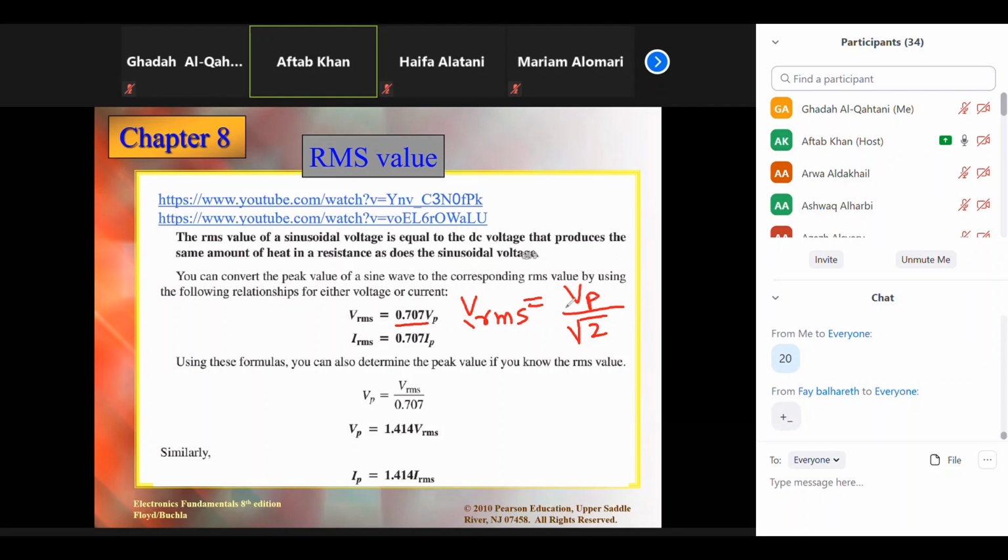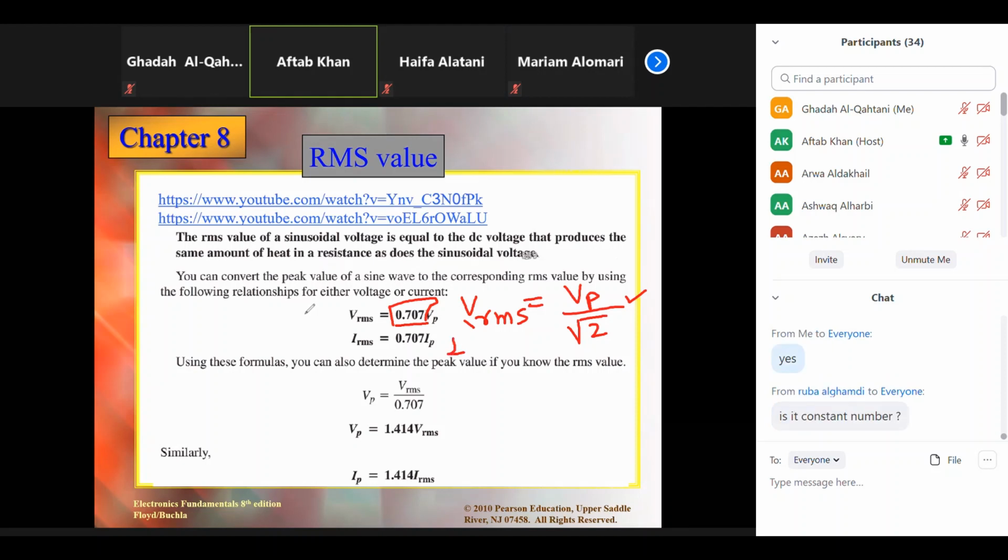Can you check it? 1 over root 2 will give you 0.707, or not? Just check it. Yes, so it's going to be easier to memorize this, correct? Okay, so it's this way.